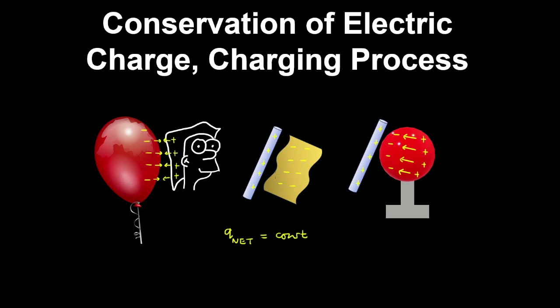So charge is not created or destroyed, but transferred between systems. And as we saw, the charging of a system typically involves the transfer of electrons to and from the system. So in these two example cases, the net charge of a system will be constant unless there's a transfer of charge to and from the system.